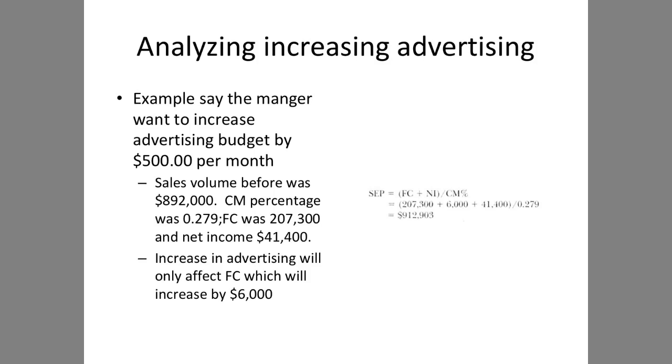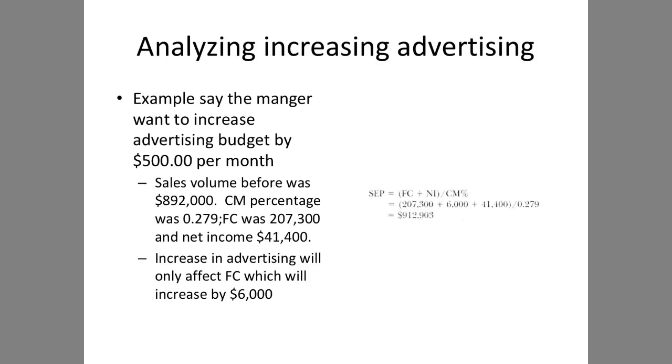Your fixed cost was $207,000 and your net income was $41,400. If you use this formula and add $500 per month, you're going to increase your fixed cost by $6,000.